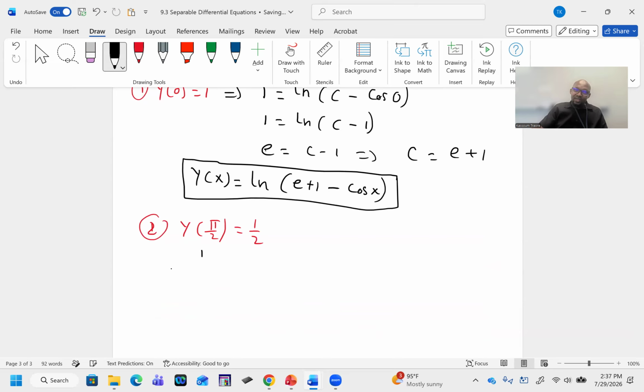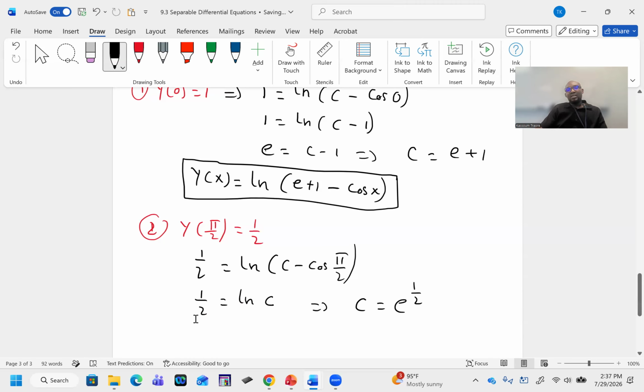This means 1/2 is equal to ln of c minus cosine of pi over 2, right? And what is cosine of pi over 2? That is 0. So this means 1/2 is equal to ln of c, which means c will be equal to e to the power of 1/2.